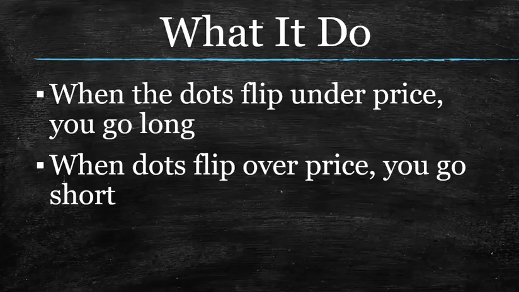It is very binary. When this happens, you do this. When this happens, you do that, and it is super easy to see, and brand new traders love it, especially when they see a chart of it for the first time, and it, at least on the surface, looks like it works tremendously.